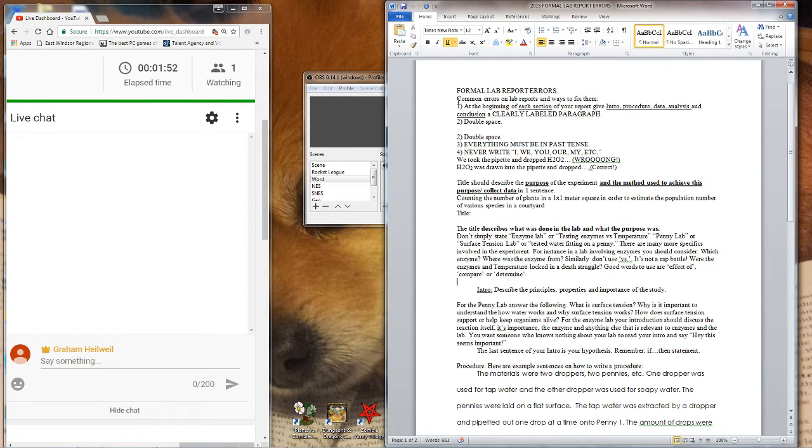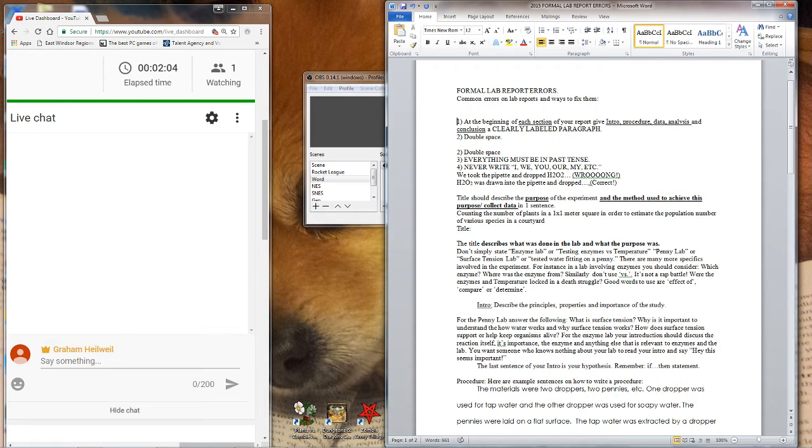So it starts out with some basic format stuff, common errors that people make, right? When you're writing your lab report and you have your title, now you're going to do your introduction section. Start off with, simply put, introduction. And there you go. So clearly labeled at the beginning of your section.